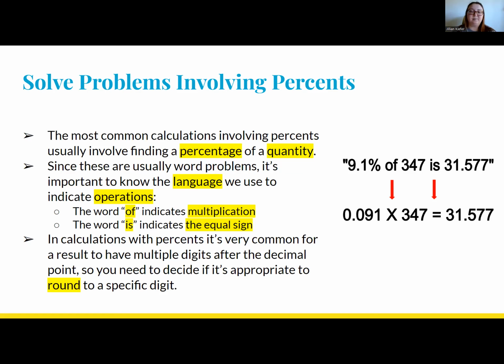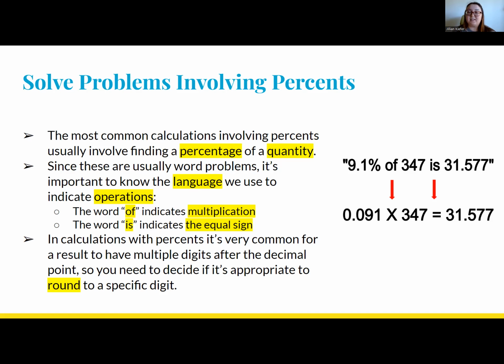Since these are usually word problems, it's really important to know the language that we use to indicate operations as well. We see here on the sidelines, 9.1% of 375 is 31.577. The word of indicates multiplication. So whenever you see of, you'll multiply those numbers.